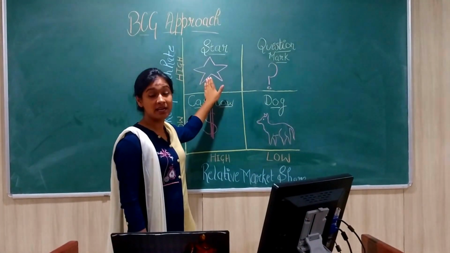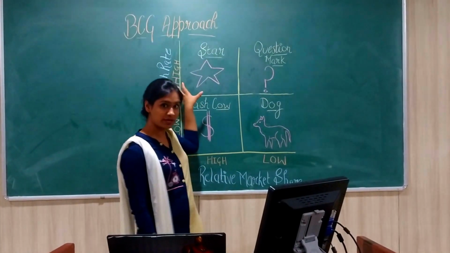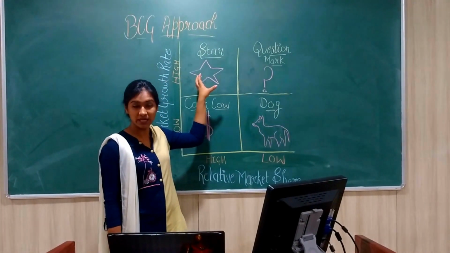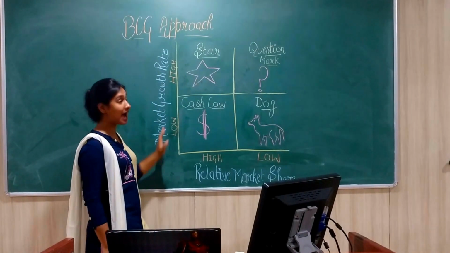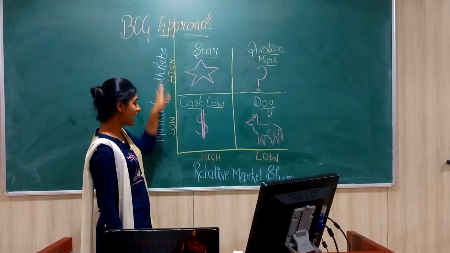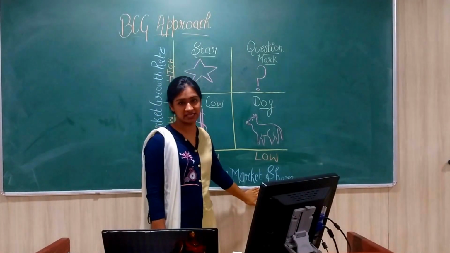The star is the quadrant in which your business unit has high market growth rate and high relative market share.